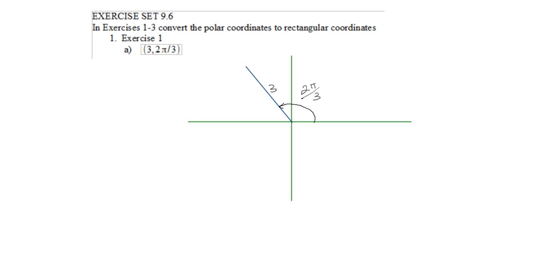So this is a polar coordinate. The first coordinate is the radius, and the second coordinate is the angle. All right, so we end up right here.